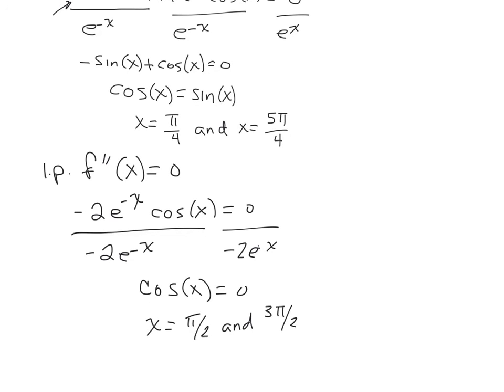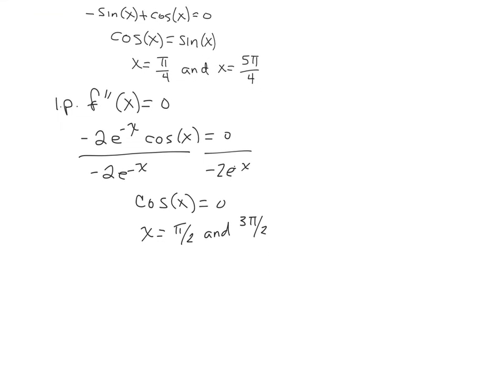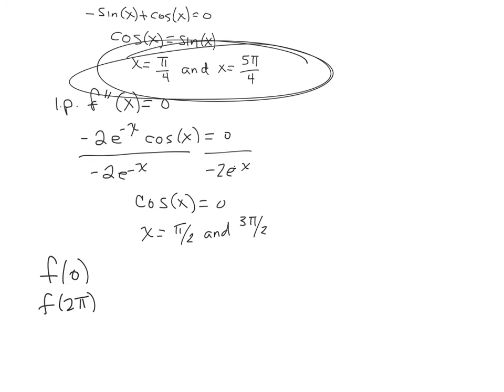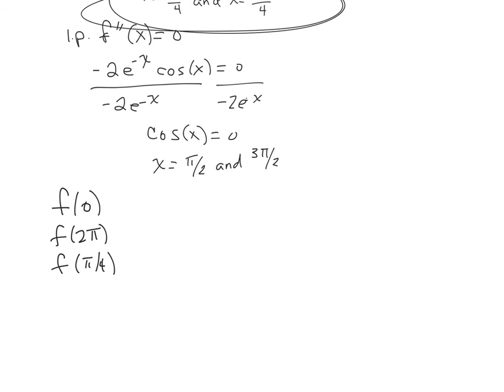All right, the last part says to evaluate the endpoints, 0 and 2 pi, and the critical points, pi over 4 and 5 pi over 4, to be able to find the global max and min. And you're putting this back in the original function.